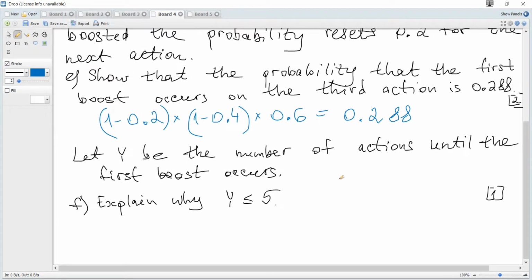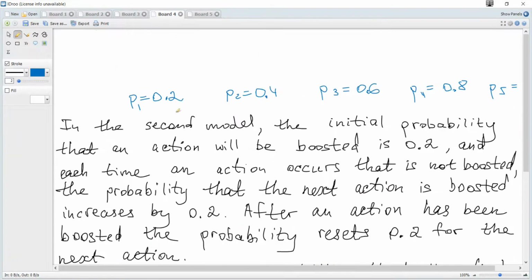Let y be the number of actions until the first boost occurs. Explain why y is less or equal than 5. 1 mark. It's actually about this.